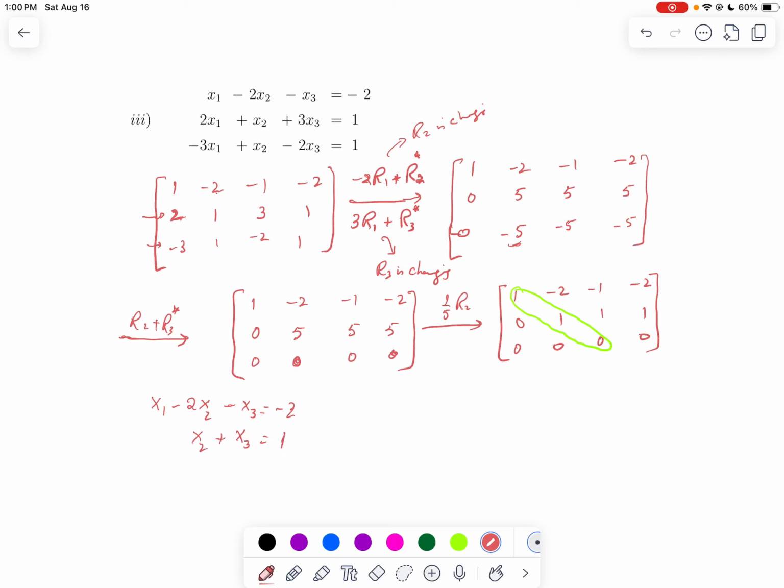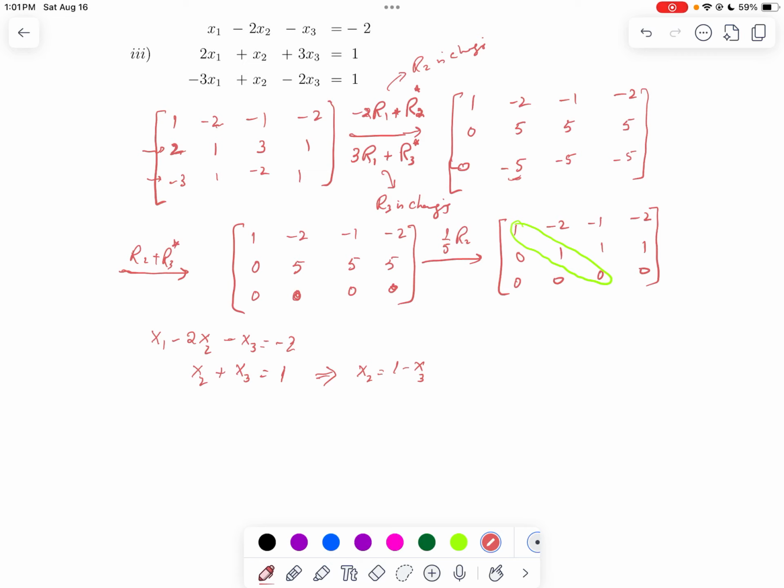So now you see we don't have a number exactly that we can write, but this is what we do here. We don't have, like in the first example, a specific value for x1, x2, and x3. But if you notice, from the second row, I can write x2 equals 1 minus x3. So x2 can be represented in terms of x3.